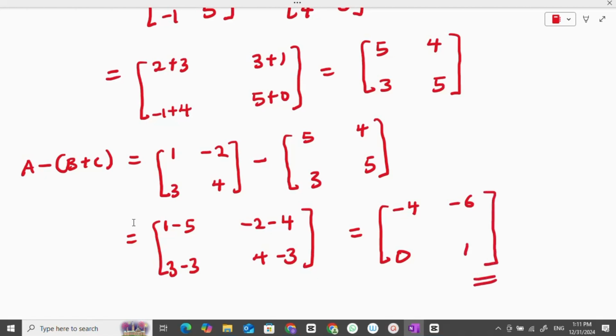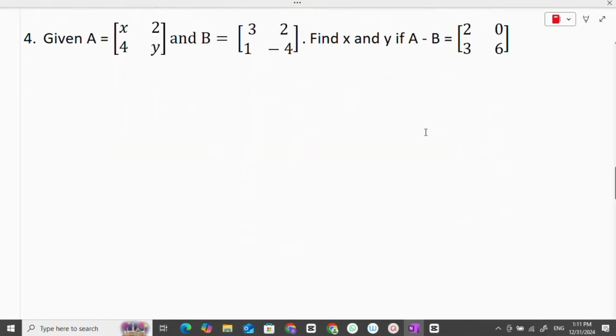So guys, let's go into example 4. Given that A is equal to x, 2, 4, and y, and B is equal to 3, 2, 1, and minus 4, find the value for x and y if A minus B is equal to 2, 0, 3, 6.